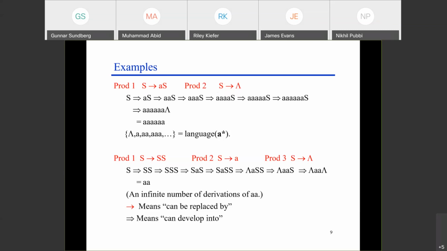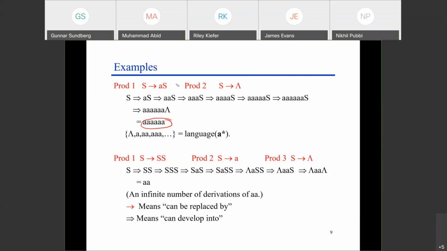Okay, so now we have this word in front of us, and we want to generate it by this grammar. We always keep the target word in front of us. Both of these are start production rules, so we can start from any one. In this case, if you start from this production rule, it has lambda. Lambda cannot be replaced by anything, so you cannot reach a successful generation of this word. But you can start from this production rule.